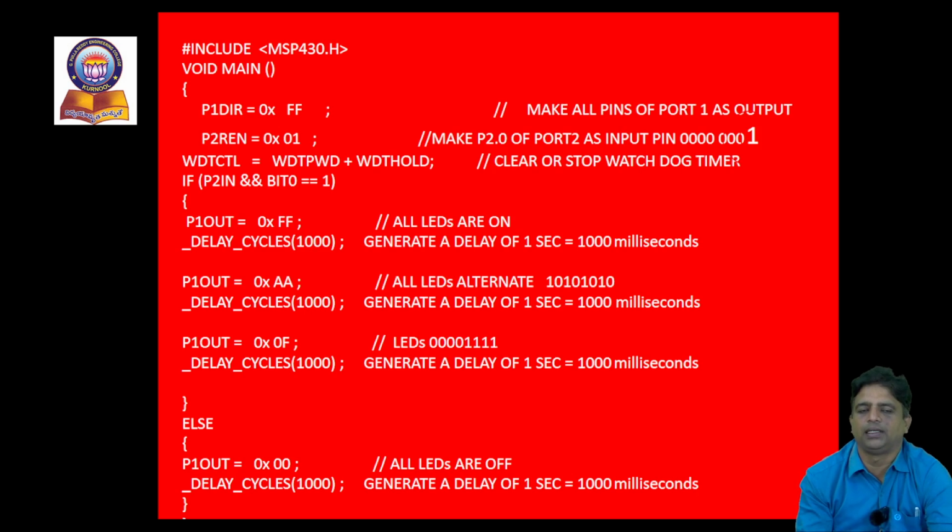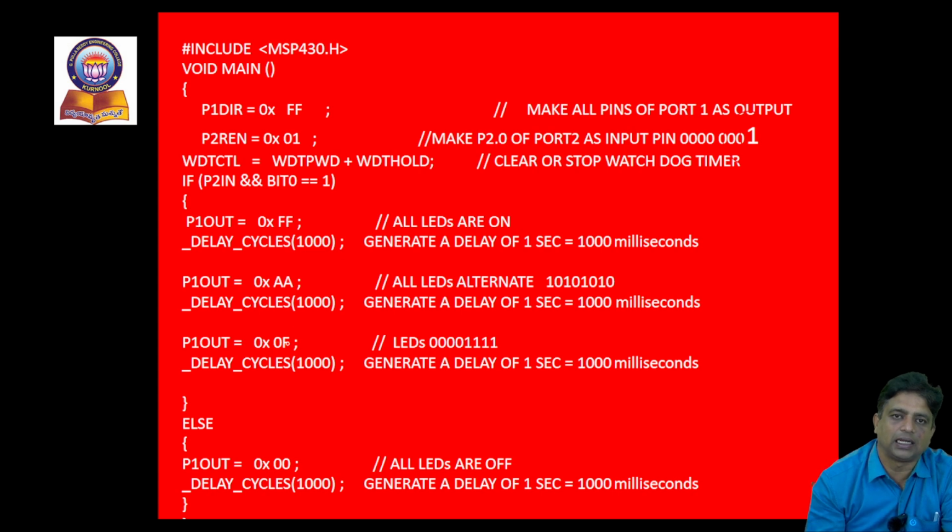We call them blinking LEDs, dancing LEDs, pattern LEDs, array of LEDs. All such programs can be done based on delay programming. Each pattern should exist for a delay of 1 second, and they should automatically change their pattern whenever the switch is pressed.